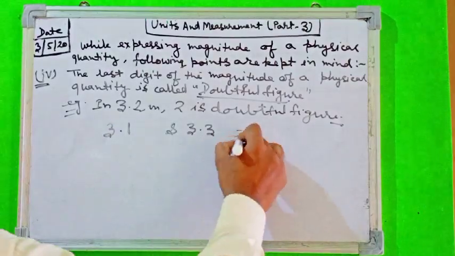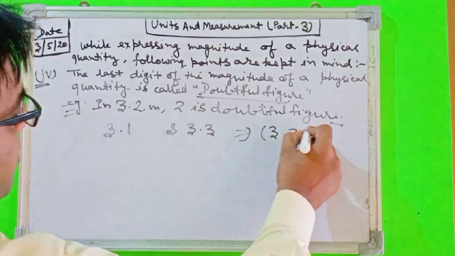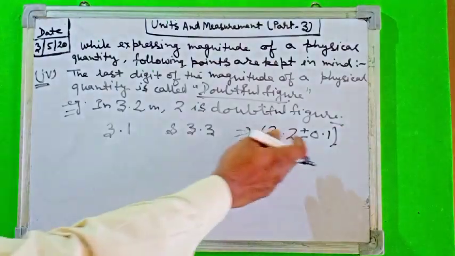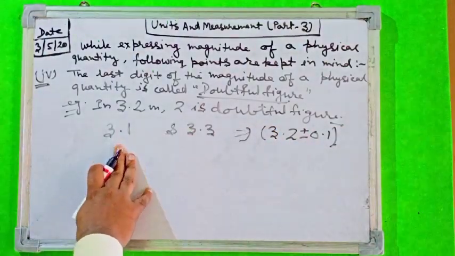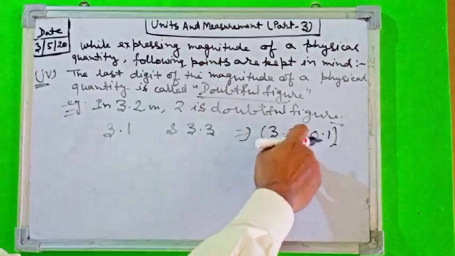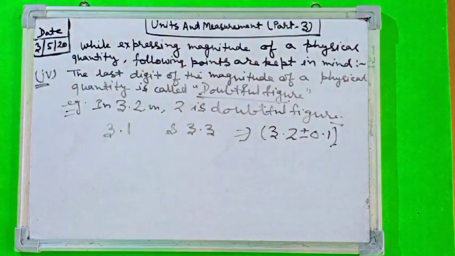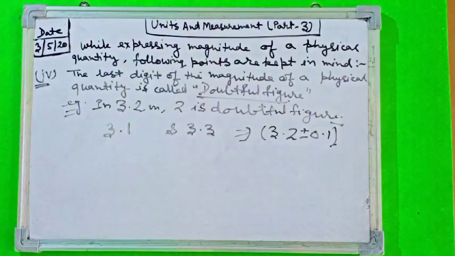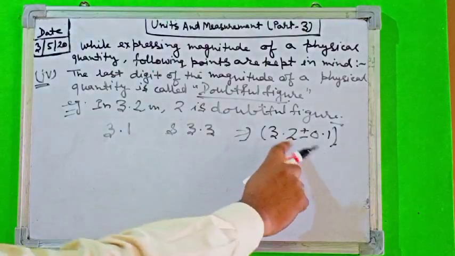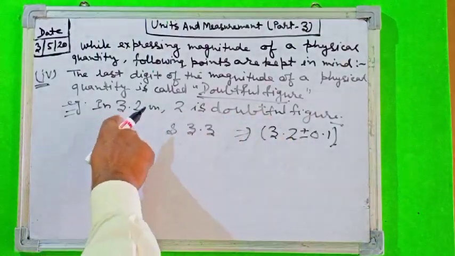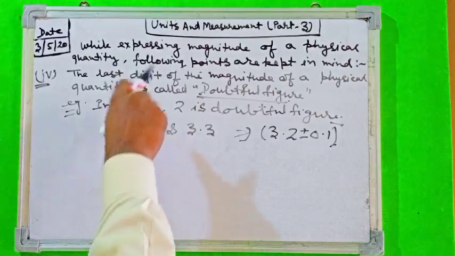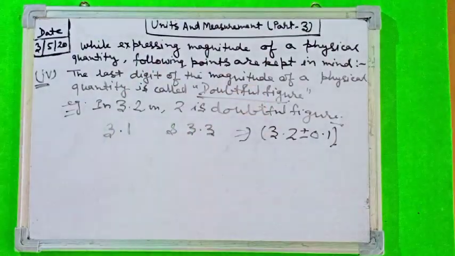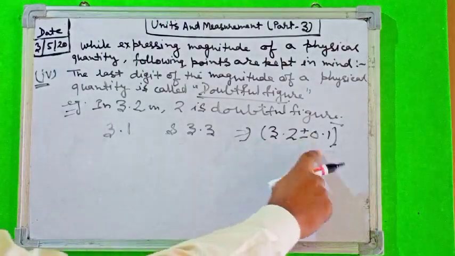So the measured result can be written as 3.2 plus minus 0.1. If we subtract 0.1 we get 3.1, and if we add 0.1 we get 3.3, meaning the actual true value lies between these two. So this is the proper way of writing the magnitude. If a decimal value such as 3.2 meter is given, then the last digit is the doubtful or uncertain digit, and we have to express the magnitude like that.